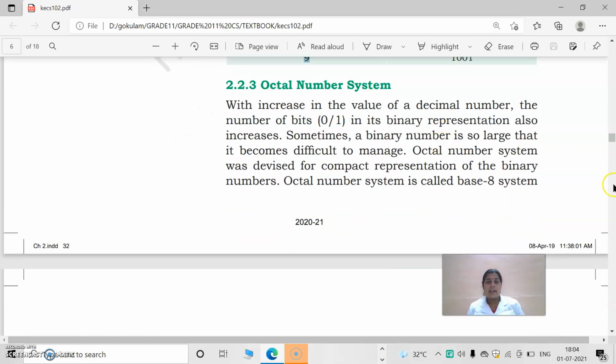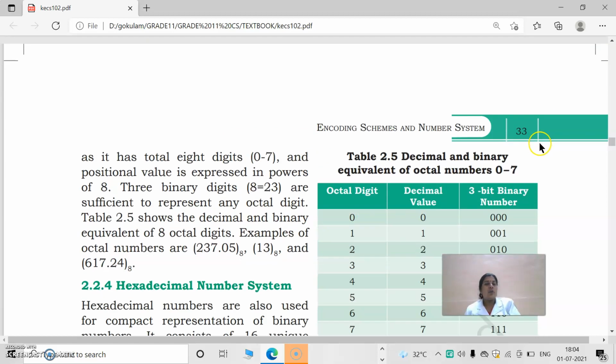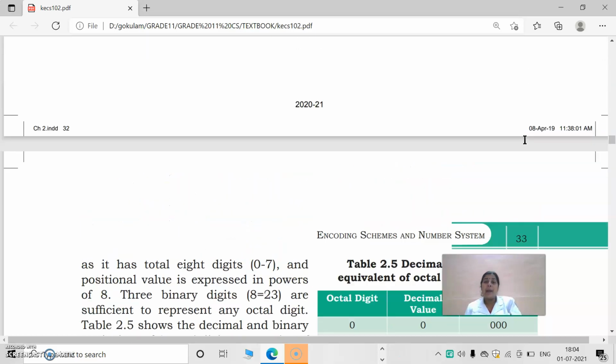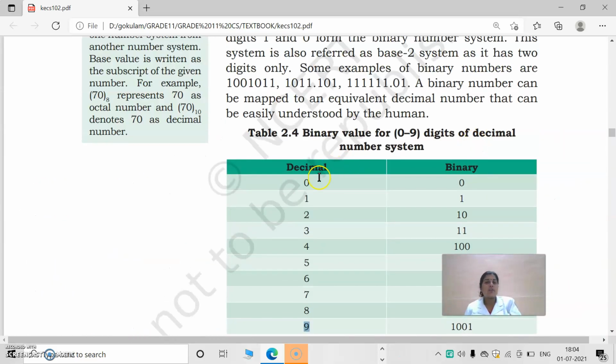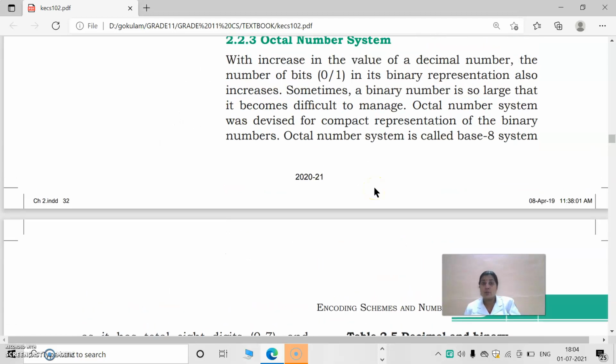Next is the octal number system. The octal number system will use 8 numbers, so it is known as the base 8 system. It has a total of 8 digits from 0 to 7. In the binary system, we express positions by using 2 raised to 0, 2 raised to 1 and so on, because its base is 2.